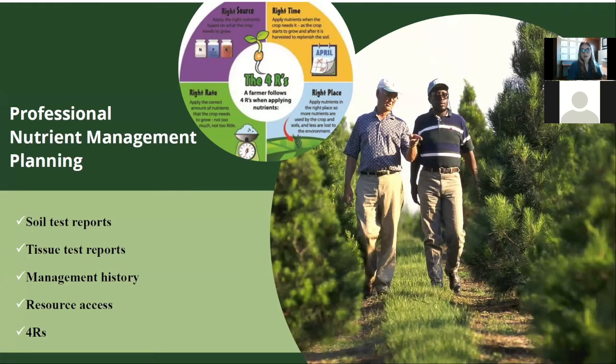So 4Rs being the right source of the input that you desire, and usually that's based on fertilizer, applied at the right time, so the right time of year when the plant can use it best and you cause the lowest environmental risk, applied in the right place so that the plant is able to access it so the tree can get to it quickly, and finally applied at the right rate, so making sure that the rate that is recommended is actually what that plant needs and has the ability to take up in a reasonable amount of time. So that's what is based on NMP, or nutrient management planning.